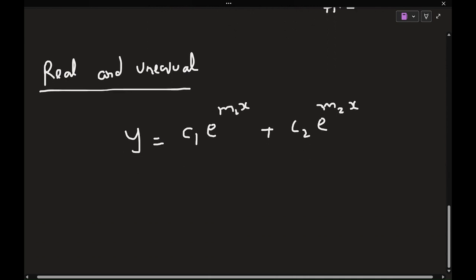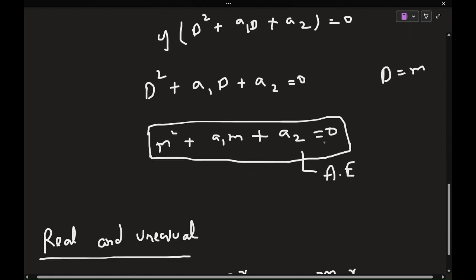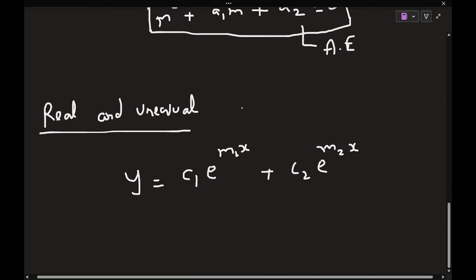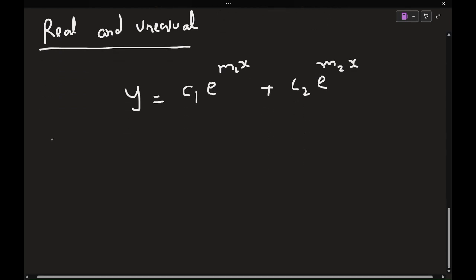So when they ask you to find the solution of any homogeneous equation, all you have to do is find the auxiliary equation, find the roots of it and substitute in the formulas which I'm giving right now. So for real and unequal roots, y equals c1 e power m1x plus c2 e power m2x.